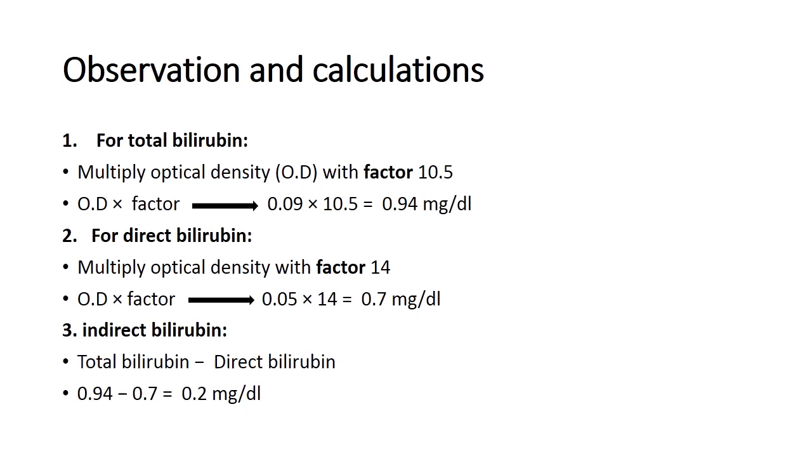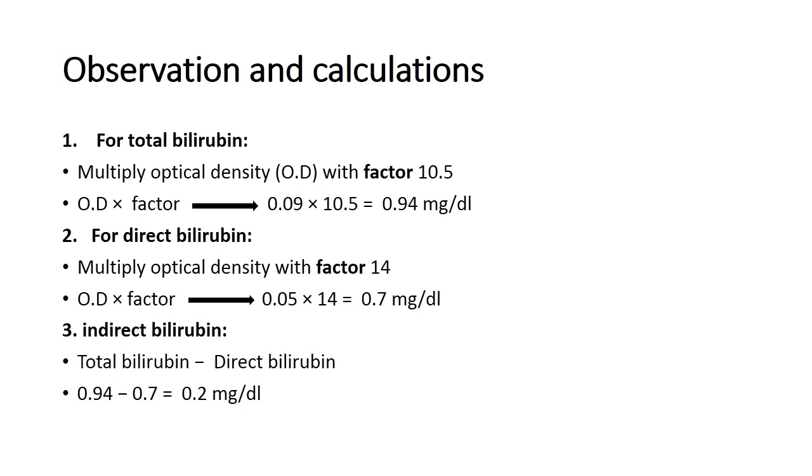Observation and calculation. For total bilirubin, multiply optical density with factor 10.5, which is constant. Let's suppose 0.09 is the optical density of total bilirubin. We multiply it with factor 10.5 and the answer is 0.94 milligram per deciliter.